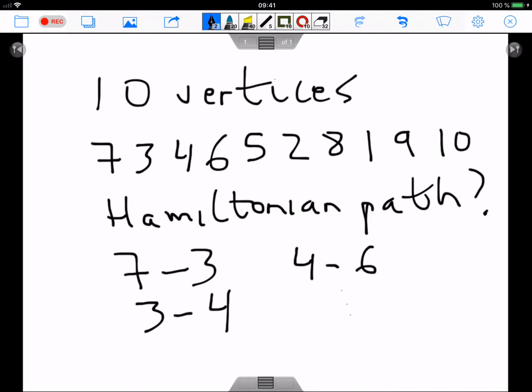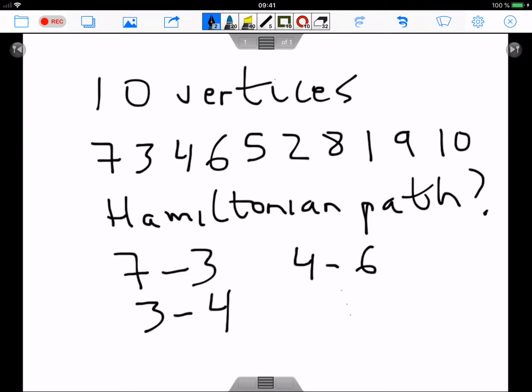But if you are given the graph and you are asked to find a Hamiltonian path, then it's not so clear what to do. In general, you can try to start with a vertex and use an edge that comes out of that vertex, go to another vertex, but it's not so clear what to do.